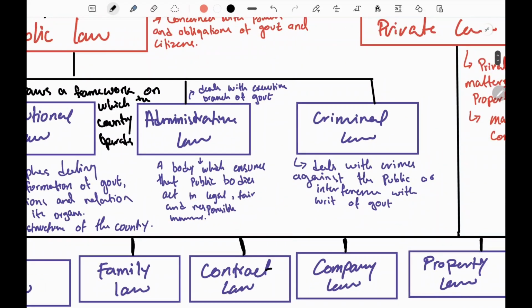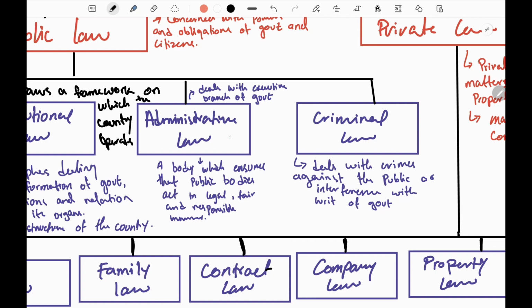And then we have administrative law. Administrative law deals with the executive branch of government. Administrative law basically defines how government deals with the public and the other organs of state, that are the judiciary and parliament. It focuses on executing the laws that are being made.